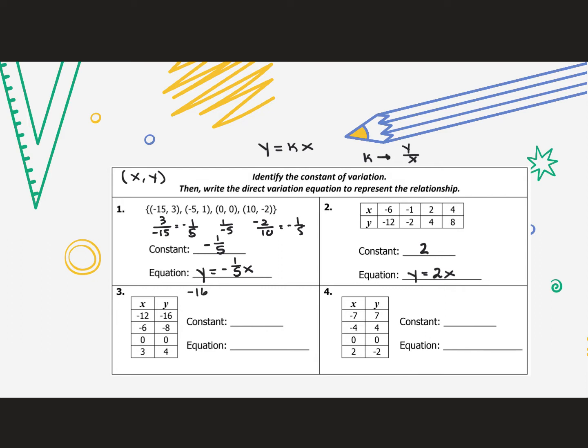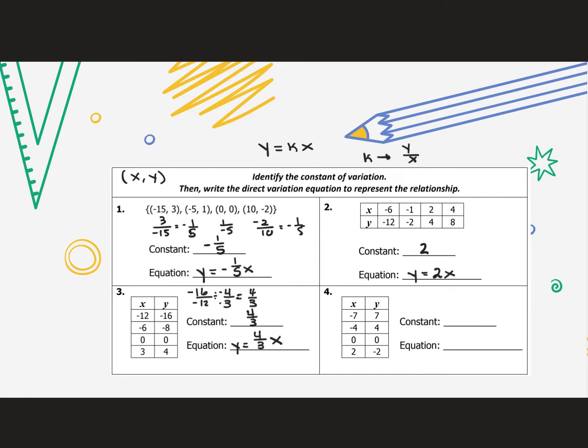So we have negative 16 over negative 12, which are both divisible by 4. Dividing both by 4, we get negative 4 over negative 3, which is equal to 4/3. If we do negative 8 over negative 6, we also get 4/3, and 4 over 3 is 4/3. So the constant is 4/3, and the equation is y equals 4/3 x.